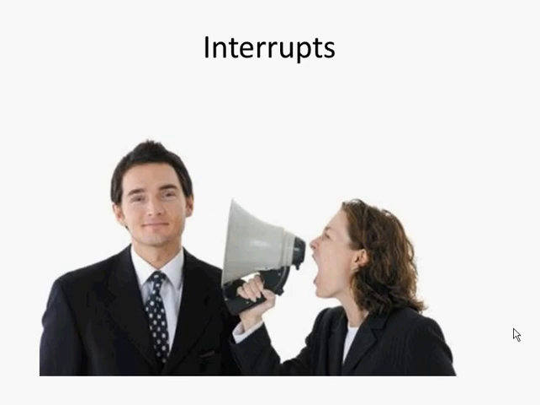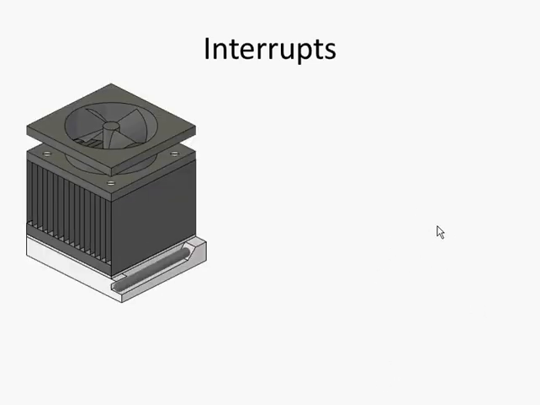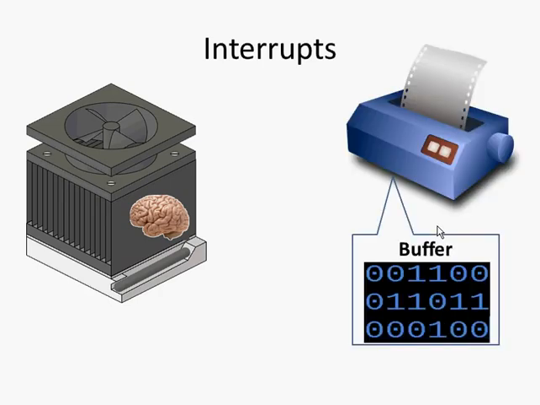So what are interrupts? Well, we've all been interrupted rudely at some point during our lives, and we've probably interrupted other people too. So we know what an interruption is. So how does this relate to computing? Well, let's try to explain. The processor, the brains of the computer, is busy working away on something important, whilst our printer is printing something out and still receiving data from its buffer in order to print out a document.